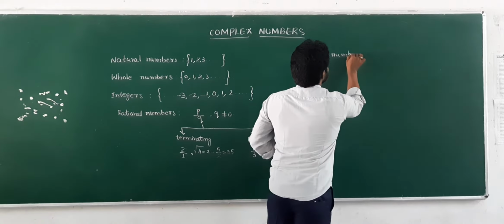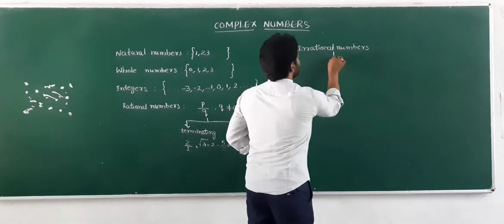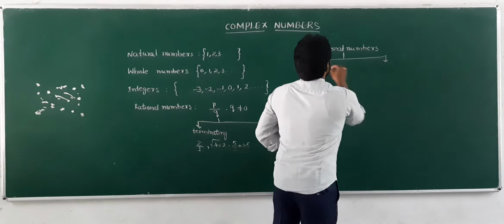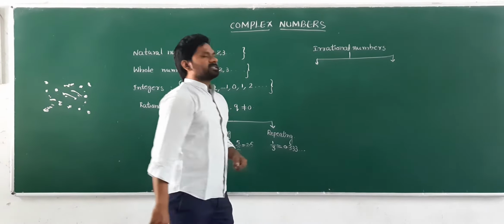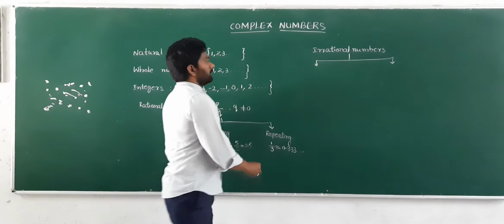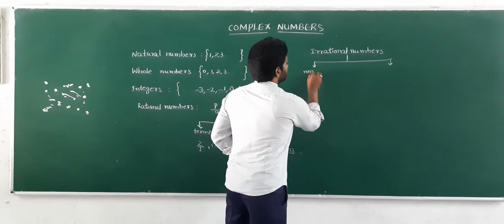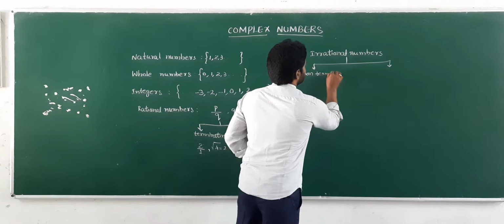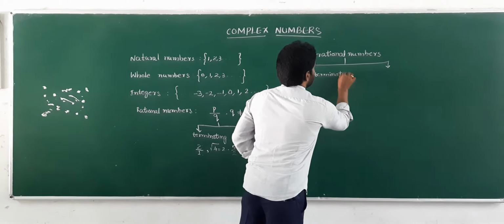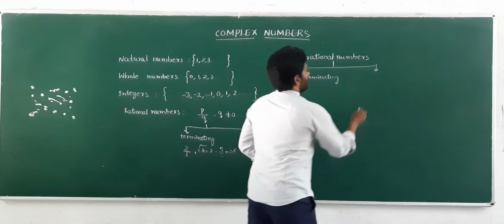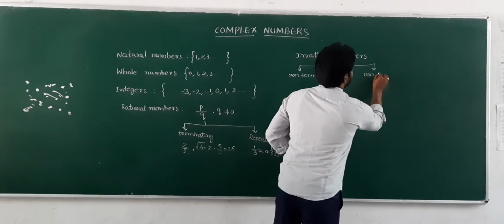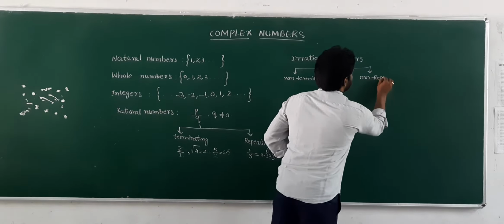So what are these irrational numbers? Again, we consider two types: non-terminating and non-repeating.